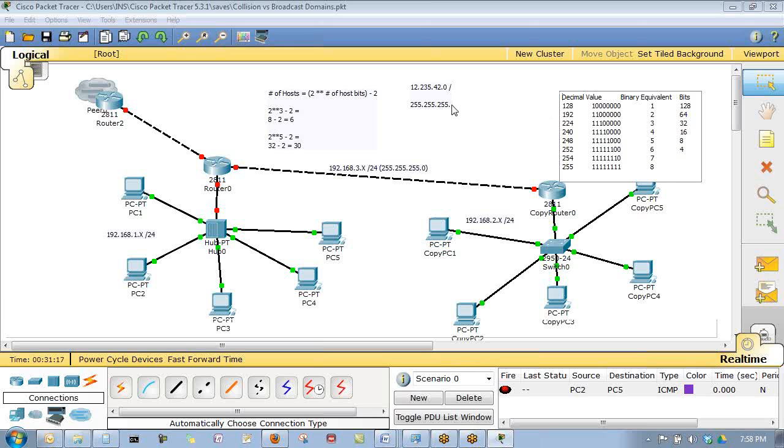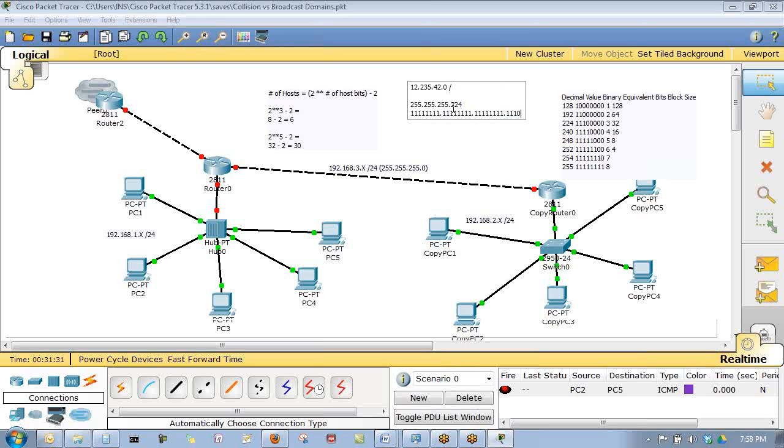So it's 224, and this is equivalent to 1, 2, 3, 4, 5, 6, 7, 8, 1, 2, 3, 4, 5, 6, 7, 8, 1, 2, 3, 4, 5, 6, 7, 8, 1, 2, 3, 1, 2, 3, 4, 5. That's what the subnet mask looks like. The 224 represents 3 ones and 5 zeros.